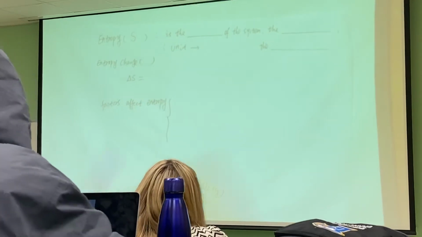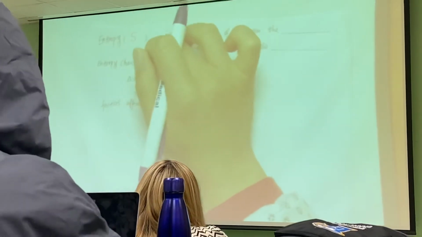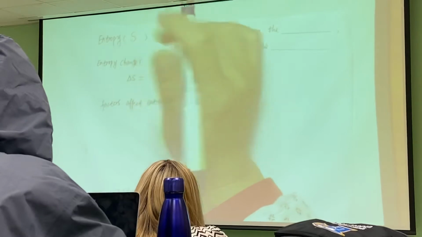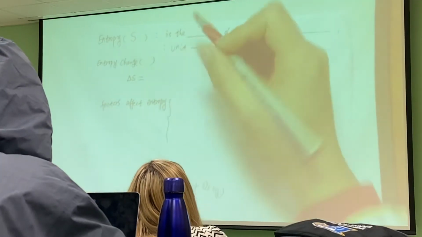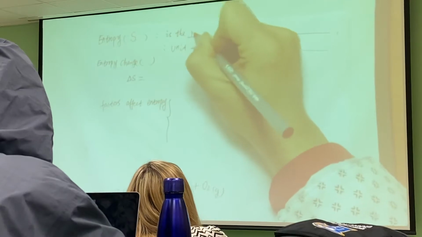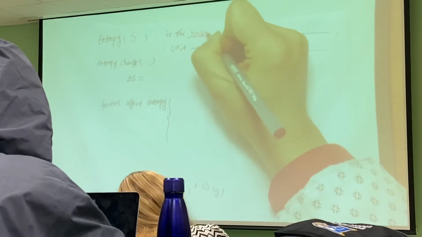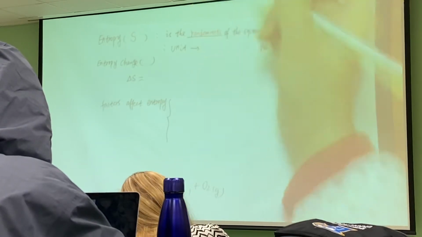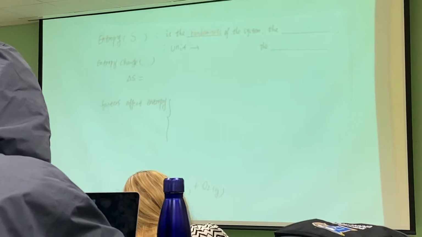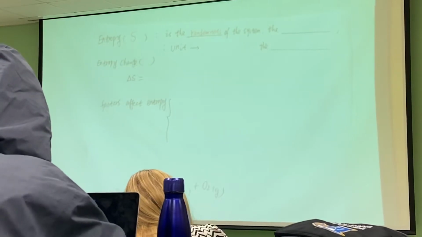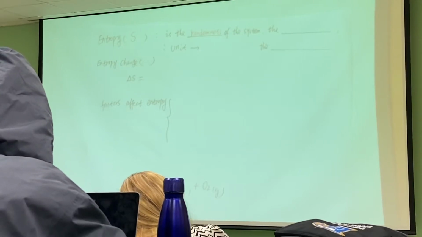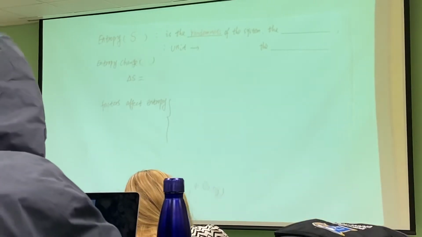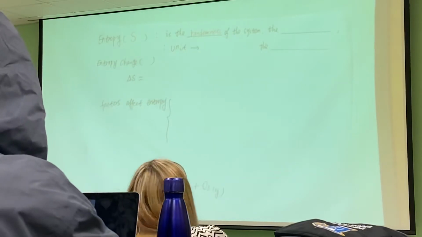So what does entropy tell you? Entropy tells you energy, right? So entropy is also an energy, but it tells you the randomness of the system. Whether it's very organized, the molecules are very organized, or it's no order at all, it's moving everywhere, right?